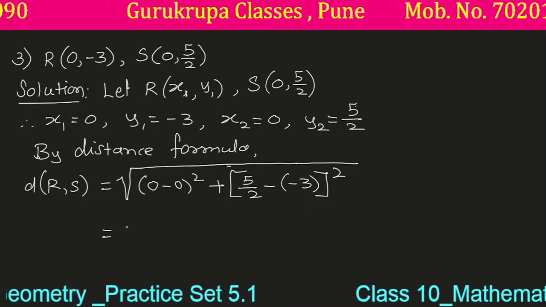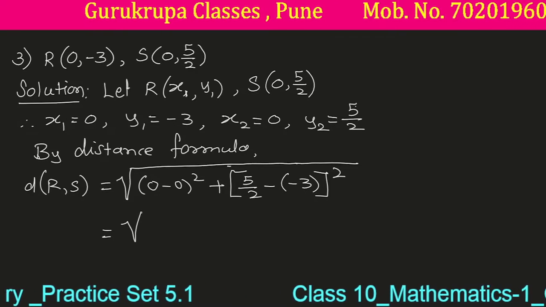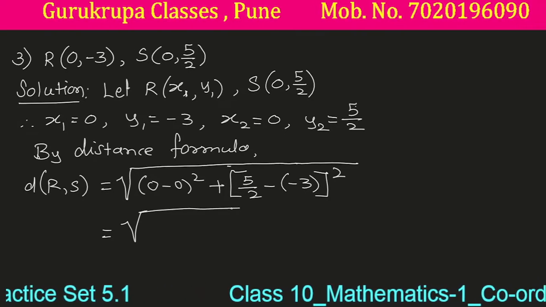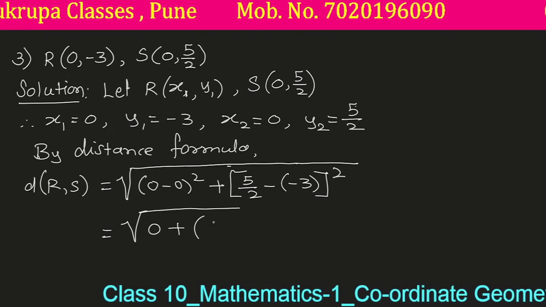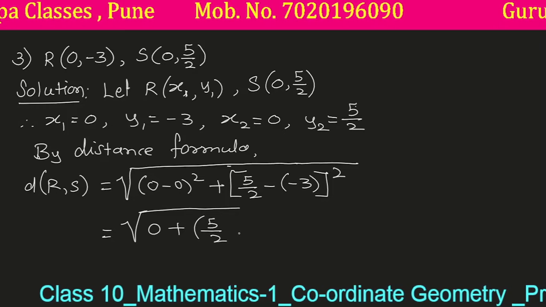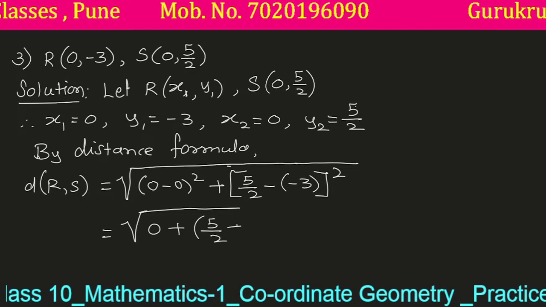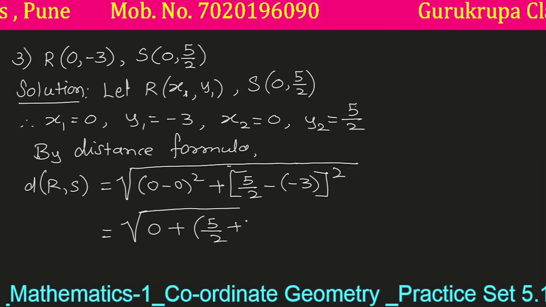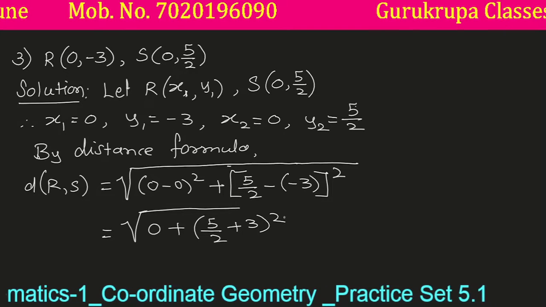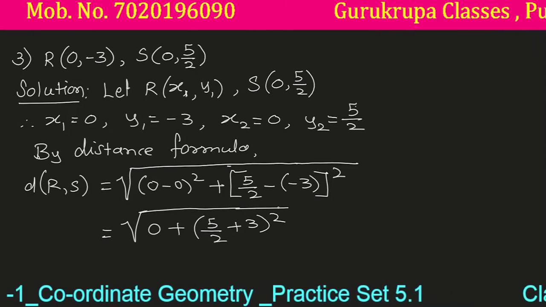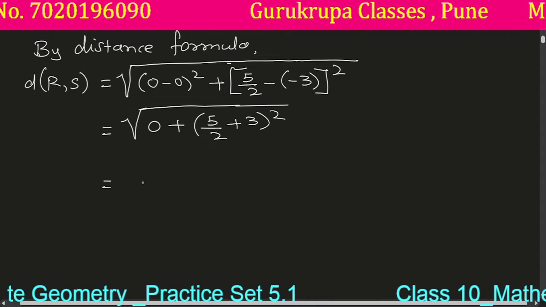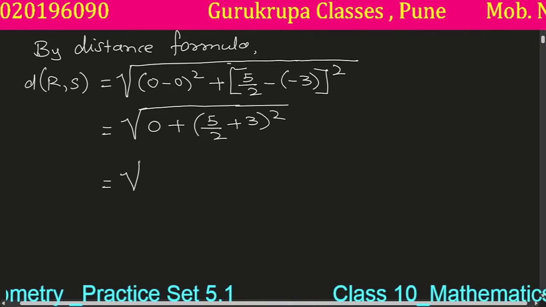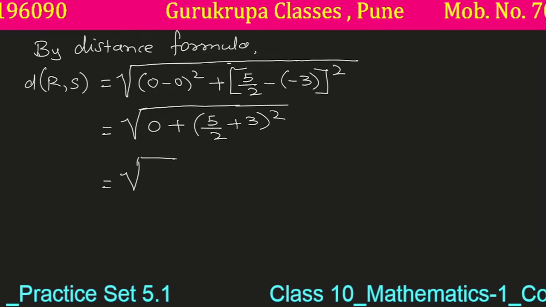Okay, so the first bracket square we get is 0. 0 plus (5/2 minus into minus, plus 3) whole square. This we get. Now we take only one bracket, as the first bracket's answer is 0.